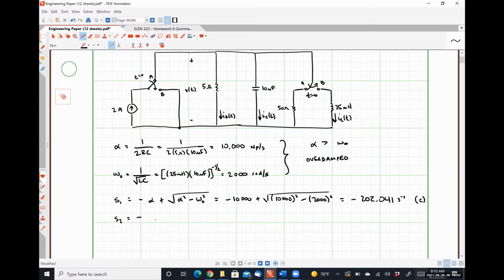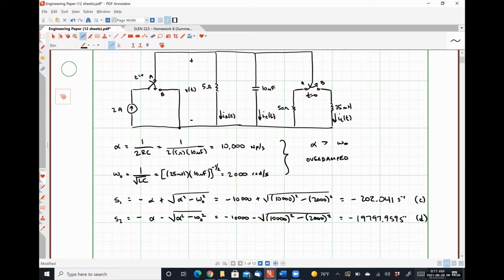s2 is negative alpha minus the square root of alpha squared minus omega naught squared. So negative 10,000 minus the square root of 10,000 squared minus 2,000 squared, and that is negative 19,797.959.